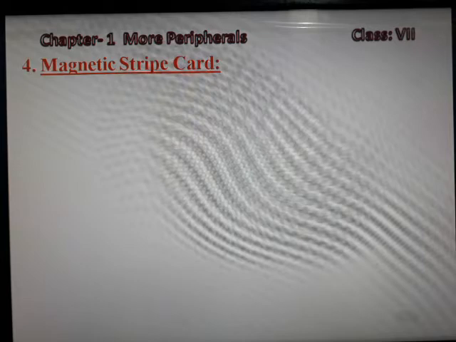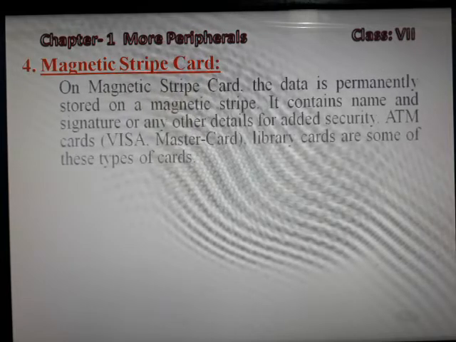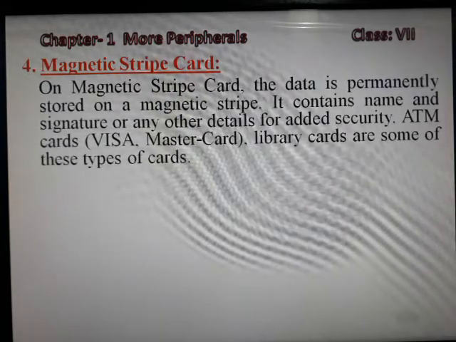Magnetic strip card. On magnetic strip card, the data is permanently stored on a magnetic strip. It contains name and signature or any other details for added security. ATM cards, Visa, MasterCard, library cards are some of these types of cards.